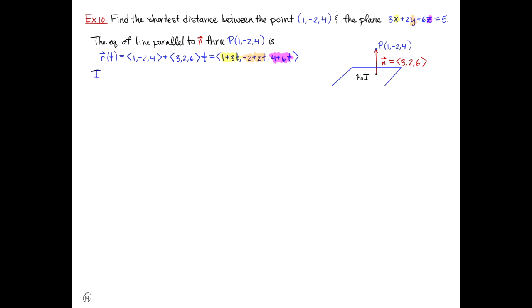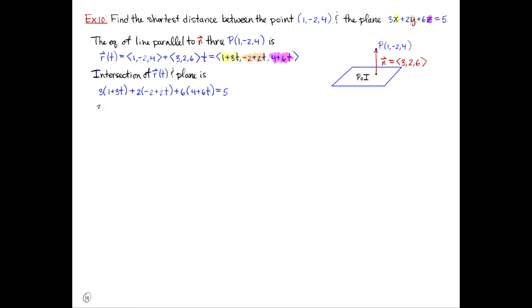The intersection of our line, r of t, and the plane is 3, and then in place of x we have 1 plus 3t plus 2, subbing in for y, -2 plus 2t, plus 6, and subbing into our z component, we have 4 plus 6t, and that's equal to 5.